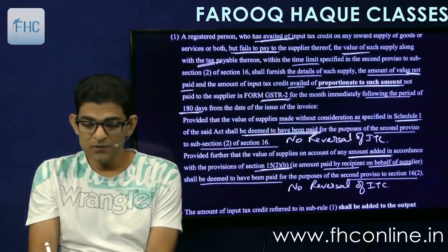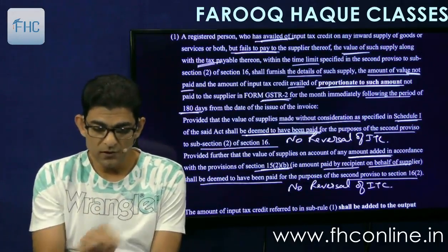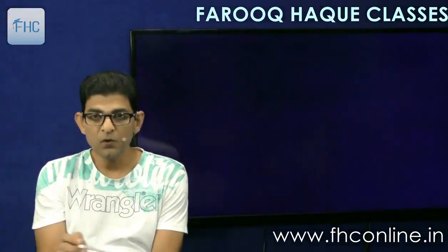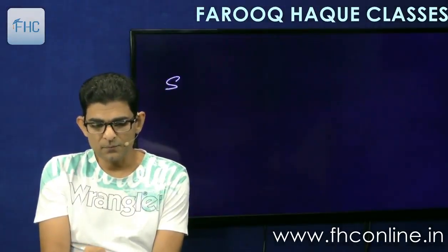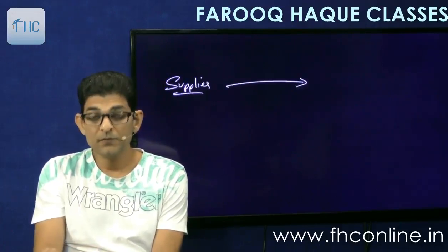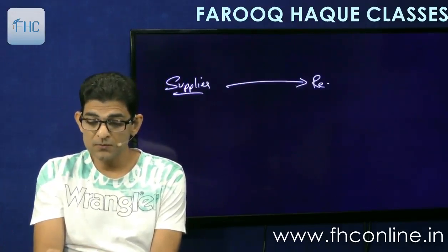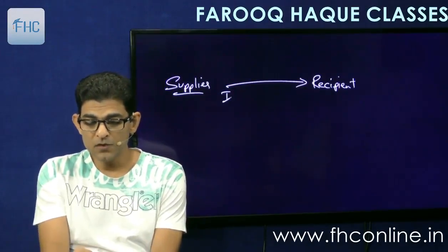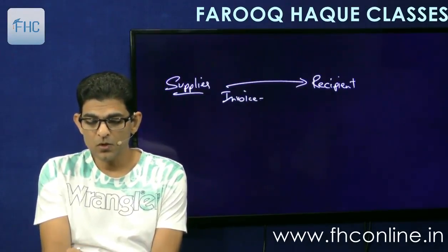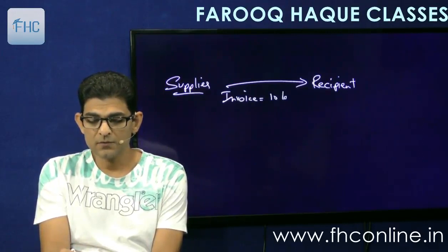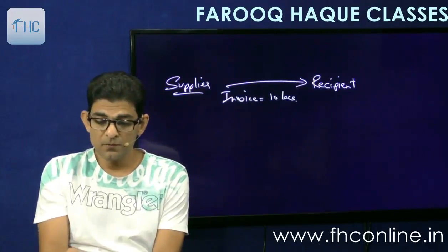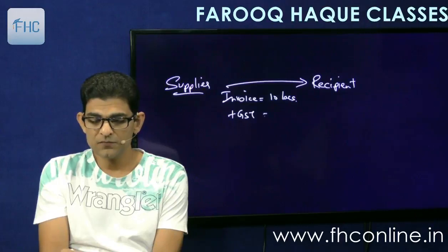Now why have they added this point? Because see, I'll tell you. The point is that here is the supplier. He has given some goods or services to the recipient. Okay, the original invoice amount was say 10 lakhs, plus GST of say 1.8 lakhs.